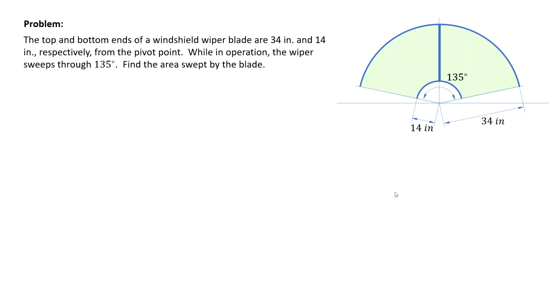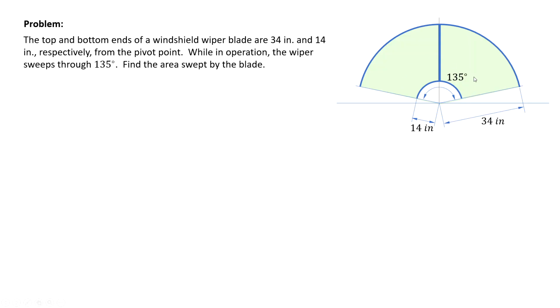Any thoughts on what to do? Yeah, find the area of this sector, the outer sector, minus the area of the inner sector. Area of sectors. Do we have any formulas for area of sector? We just did theta over 2 times r square. Do we know theta?